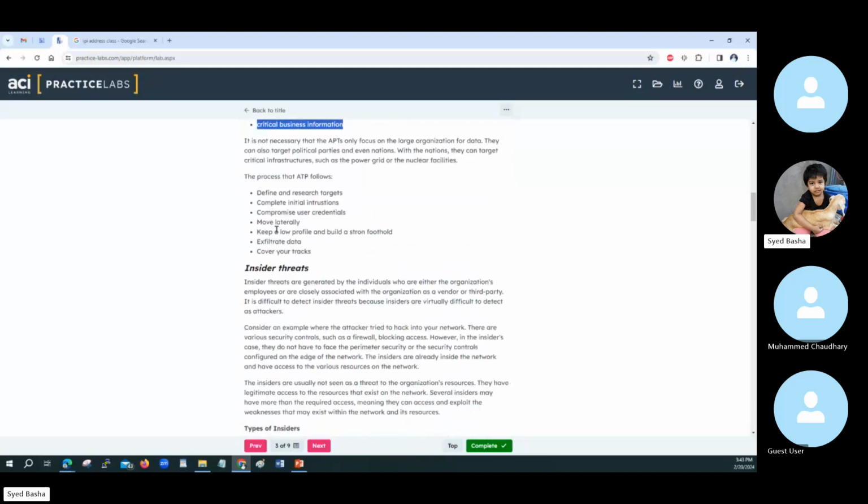What is the process they follow? This is the process, simple, normal. They define and do the research on the targets, and they complete initial intrusions. They try, then they compromise, and then they move laterally. They move not vertically, but horizontally.